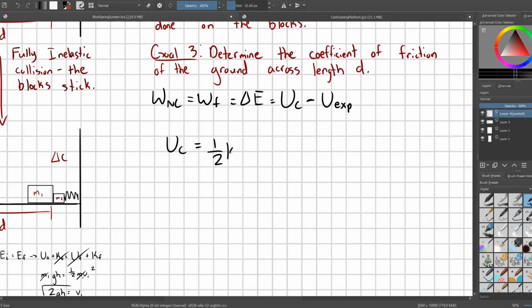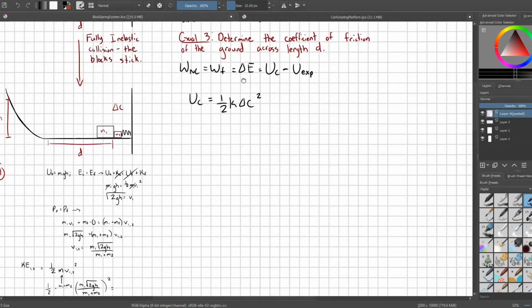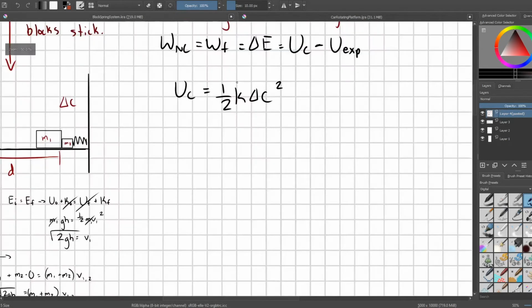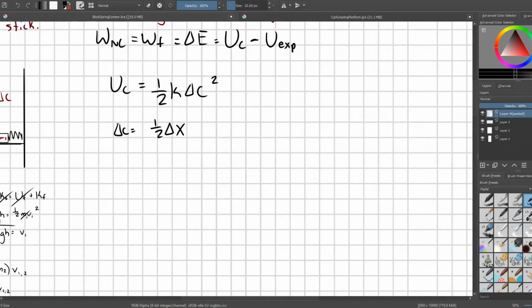So I'm going to say 1/2 k times delta C squared. And I said that delta C equals 1/2 delta x. So I'll go ahead and make that substitution.